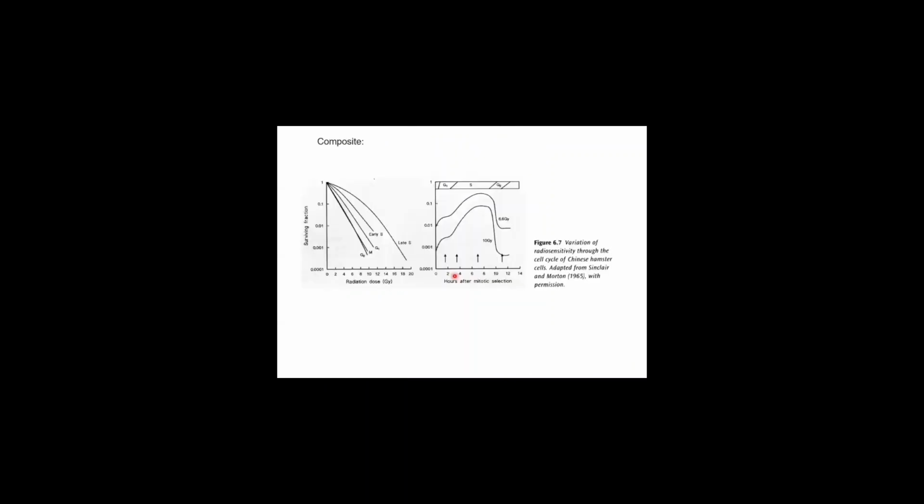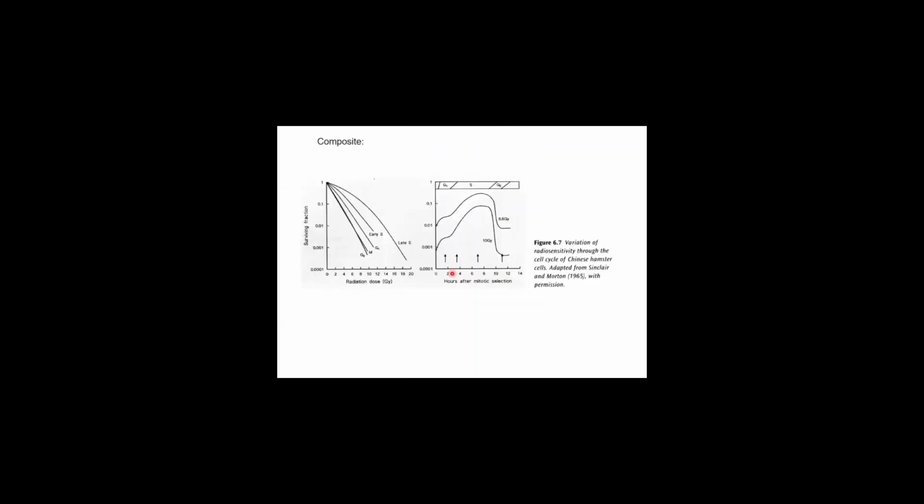What happened in the HeLa cells with the late G1, remember it's 11 hours, compared to 1 hour in the Chinese hamster ovary cells, is that there's very little structure here, but here there's a lot of structure that we can see quite evidently in the HeLa cells. And here there is a resistant period late in G1. So the patterns were identical, except that you see more structure to G1 in the HeLa cells.